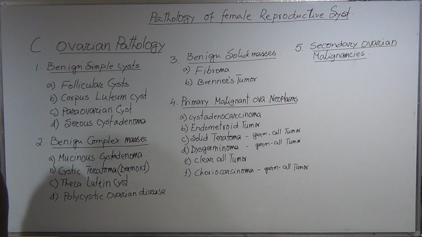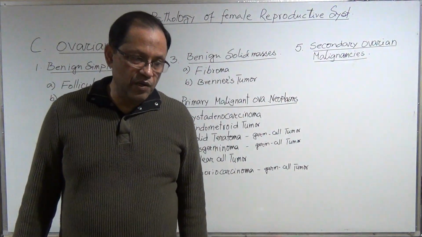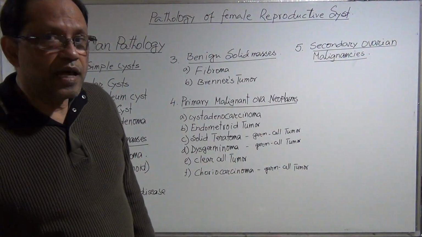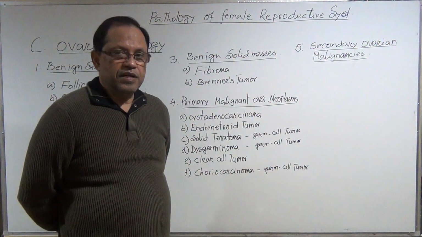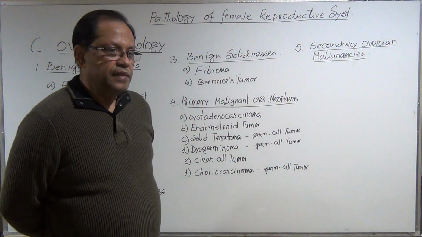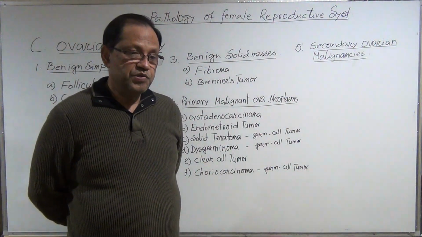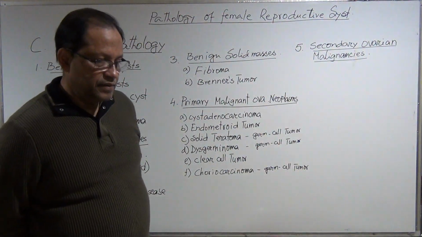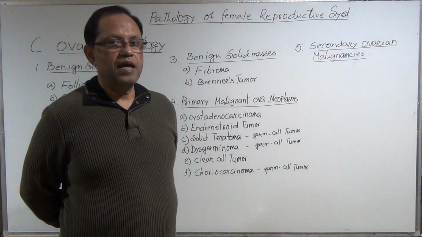Normally, we describe an organ with the pathology that there might be some congenital anomalies, there might be inflammatory conditions, and there might be some cystic diseases of the organ, and neoplasm, mostly benign and malignant.